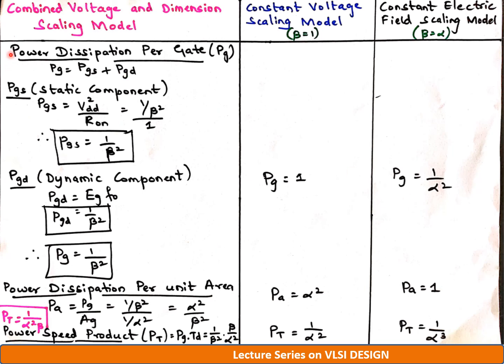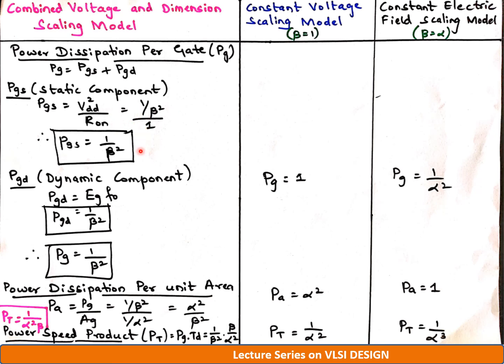The next device parameter is power dissipation per gate. Total power dissipation is given by static power dissipation plus dynamic power dissipation. Static power dissipation is given by V square by R. Voltage is scaled by 1 by beta. V square, hence we'll have 1 by beta square. Resistance is scaled by 1.